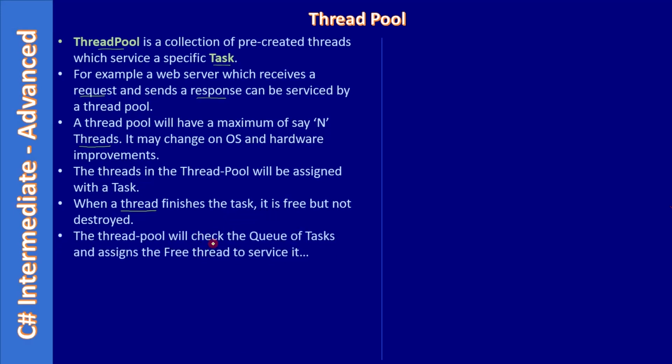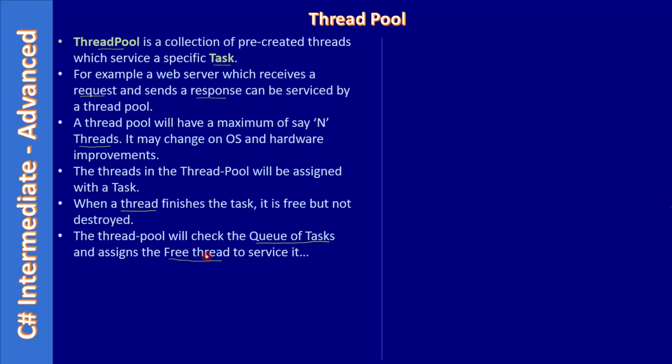The ThreadPool will check the queue of tasks. So there are two queues we are talking about here. One is the queue of threads managed by the ThreadPool, then the queue of tasks that need to be executed on a thread. So the ThreadPool will check the queue of tasks and assign the free thread to service it.